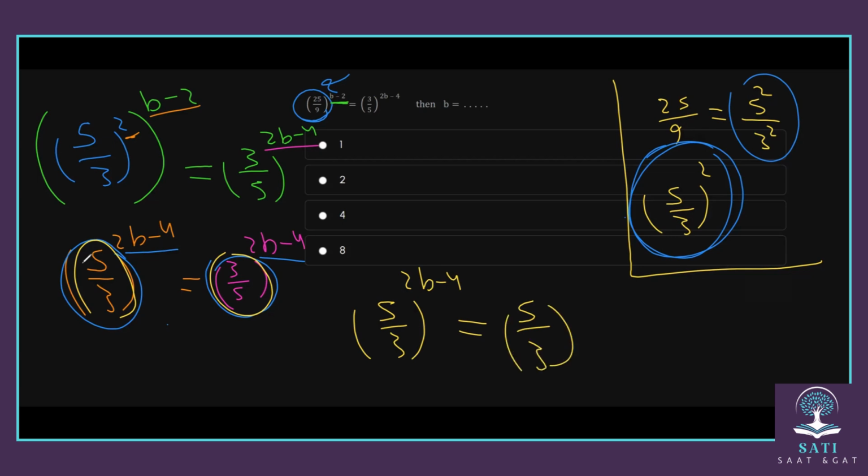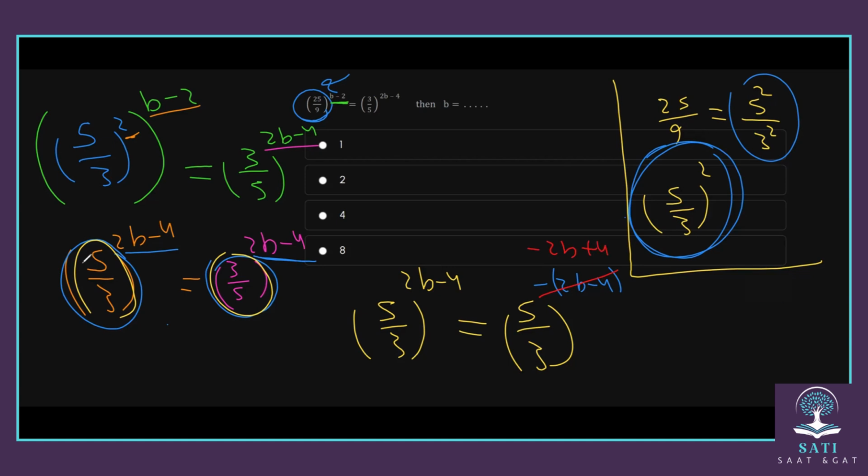But now I change the sign of the power. The power 2b minus 4, I change its sign to negative, so it's going to be negative 2b plus 4.